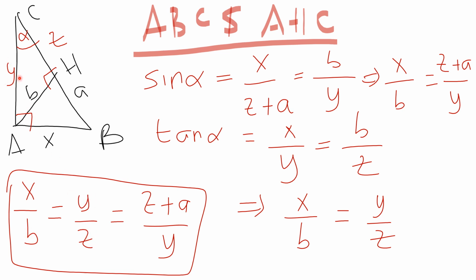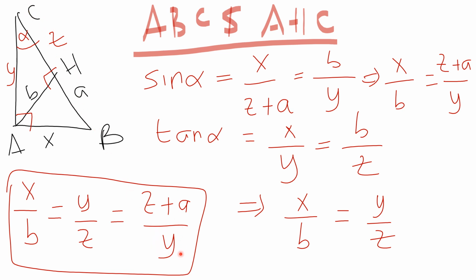Your Y here is the adjacent of the bigger triangle, and this Z here is the adjacent of the smaller triangle. So we have Y over Z, adjacent of big over adjacent of small. This one is opposite of big over opposite of small. What is Z plus A for the big? Z plus A for the big is the hypotenuse.